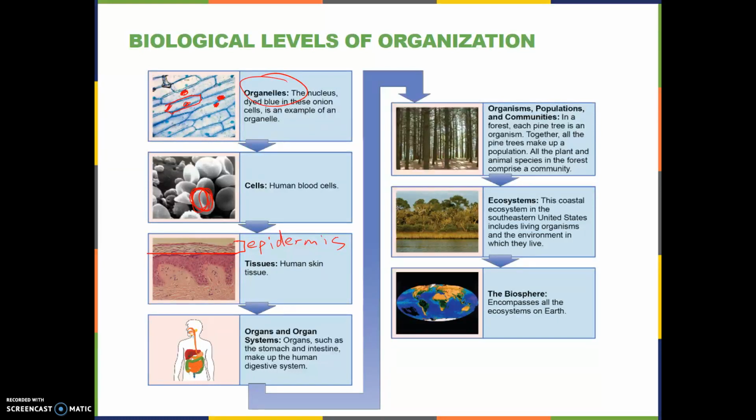And here we see the digestive system, which contains organs like the stomach and the intestine, and accessory organs like the liver and the pancreas and the gallbladder. And then all the organ systems together form the organism, as long as it's a multicellular organism.